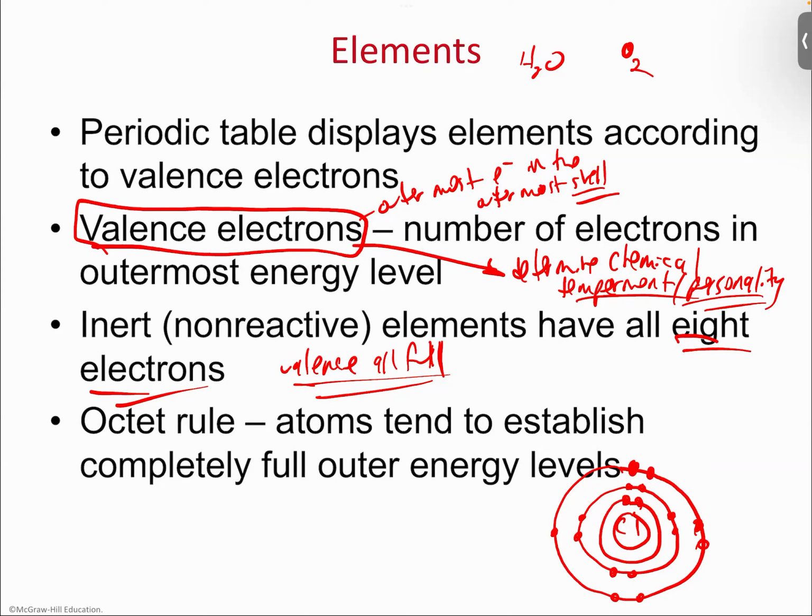But are you likely going to make a 4 charge? No, at that point you're getting weird, so you're probably not going to make that. But boron is going to be +3, because now you've flipped the script and you're on the other side. Magnesium is +2, and sodium is +1. So your ions are related to your valence electrons.